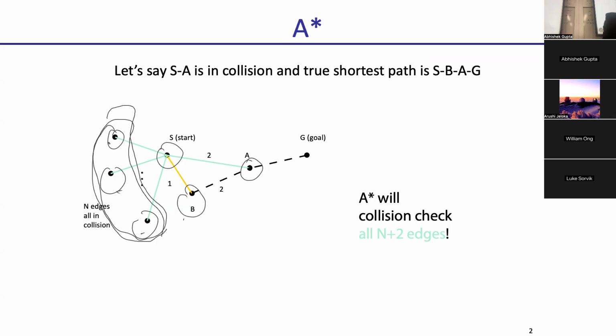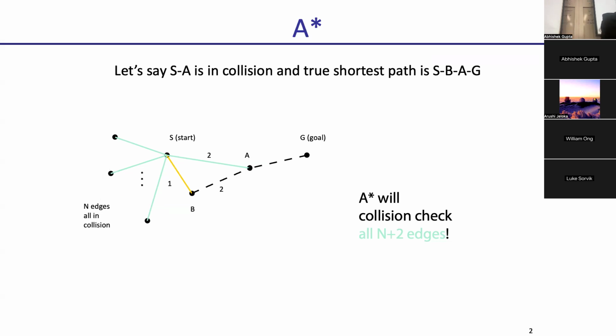And so instead, if I could only collision check this guy and this guy, then I'm much happier. And so what lazy A star will do is, when you expand S, you don't collision check all of these guys, right? You just add all of these guys into your queue. And then only when you expand B or you expand A do you collision check its path with its parent.